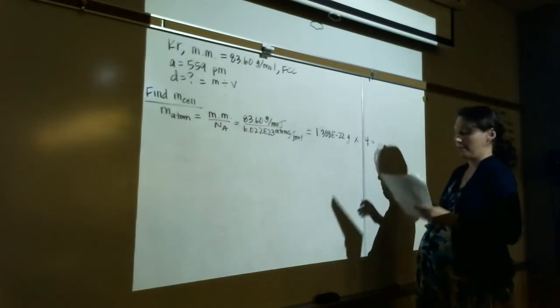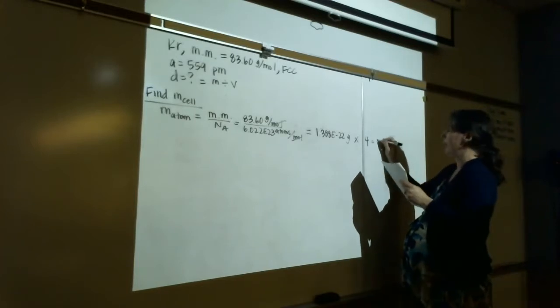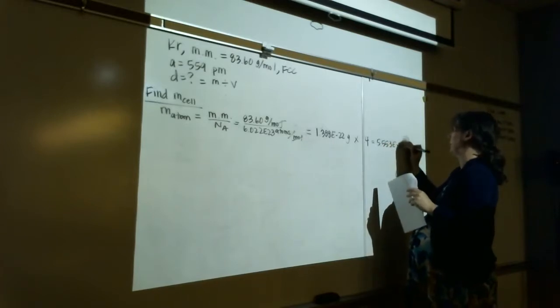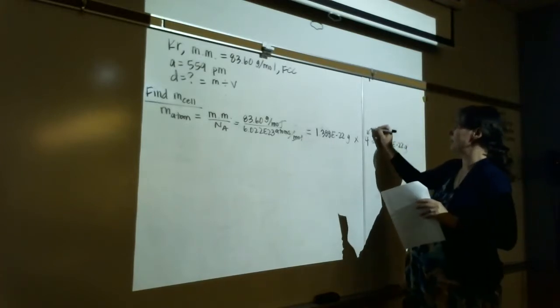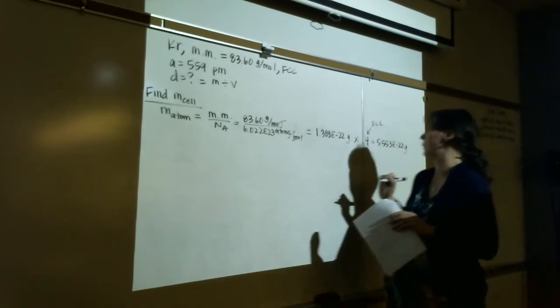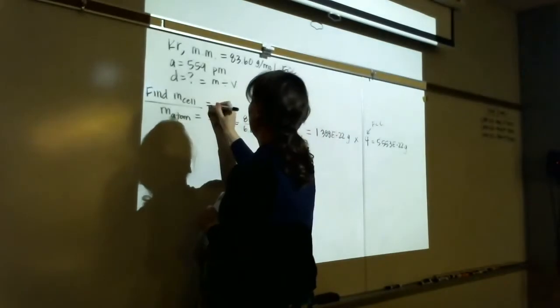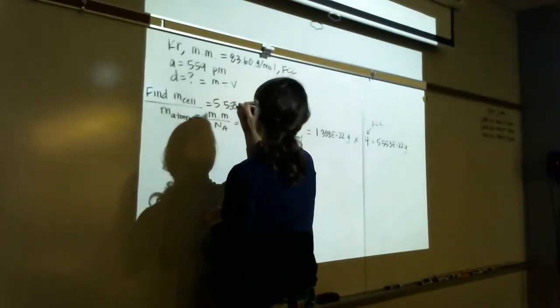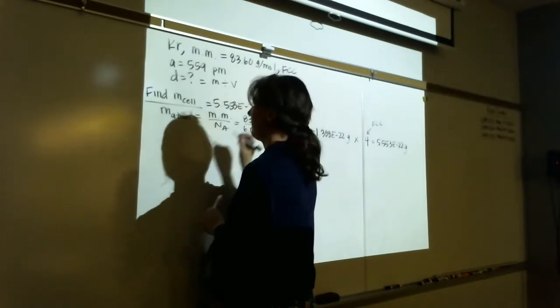So when you multiply that by 4, I got 5.553 times 10 to the negative 22nd grams. That's because it's FCC, that's why we're multiplying by 4. So 5.553 times 10 to the negative 22nd grams.